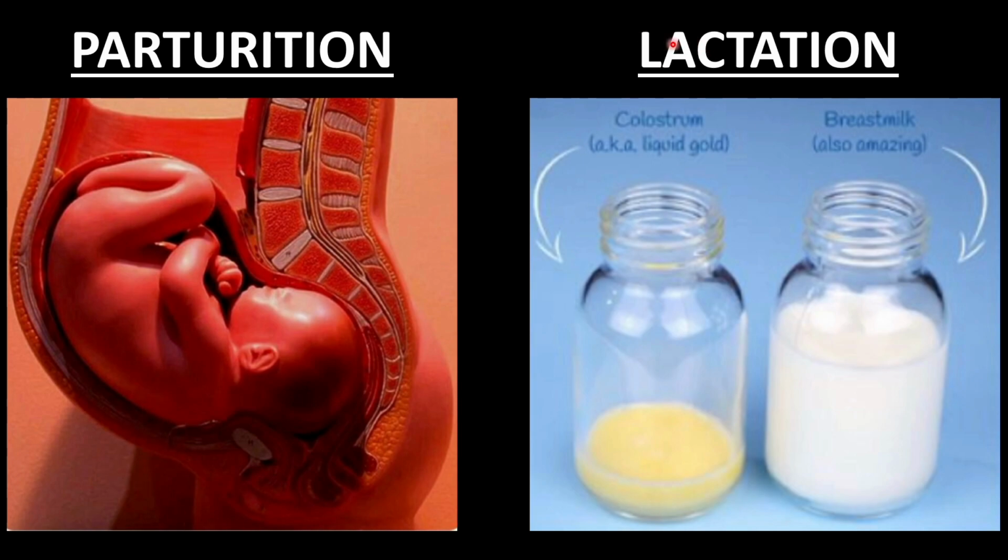Here you will find the lactation, where the yellowish colored milk secreted in the initial period is called colostrum, and this milk is very good for the baby. It has many antibodies which will protect the newborn baby, and this yellowish colored milk is the breast milk. It will be secreted in the initial period of lactation.